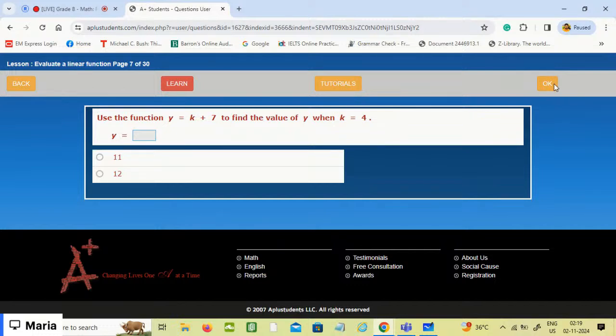So 7 plus 4 equals eleven, right? The correct option is 11. Option number 1 is the correct option. Okay, you can complete the lesson by yourself later today. Let me just move on to the next lesson.